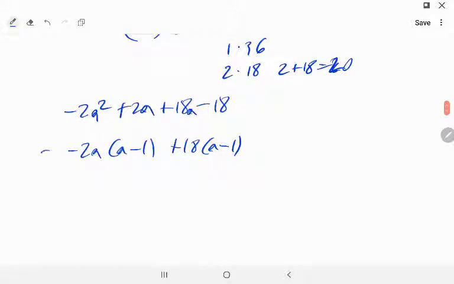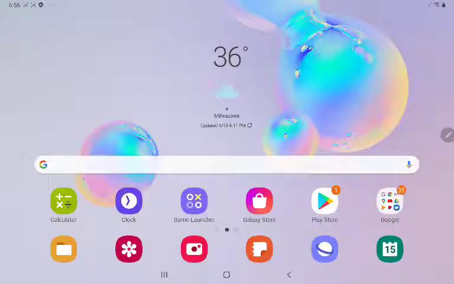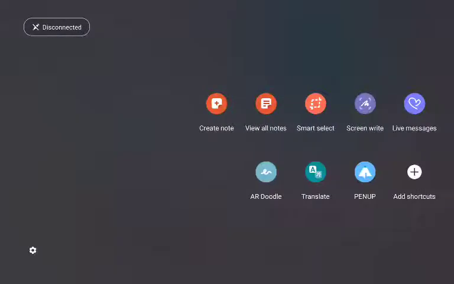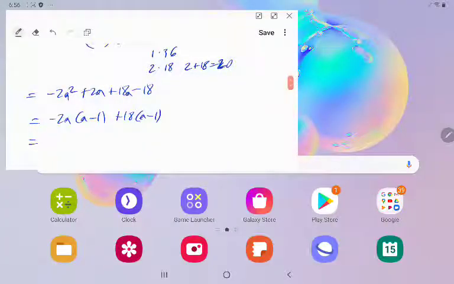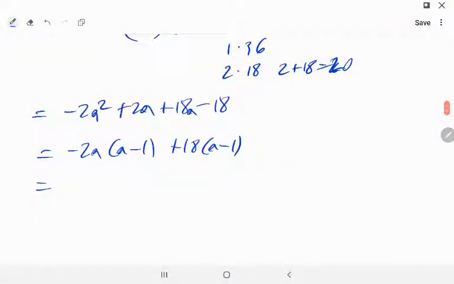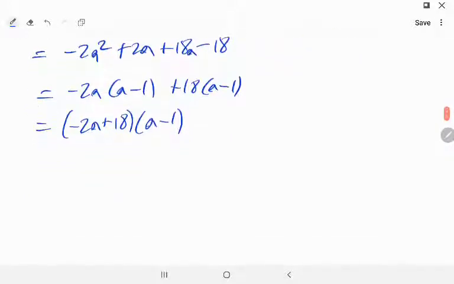So we get the quantity negative 2a plus 18 times the quantity a minus 1. We notice that's not quite factored completely. In the negative 2a plus 18, we could pull out a negative 2, and that leaves behind a positive a minus 9 times that quantity a minus 1.